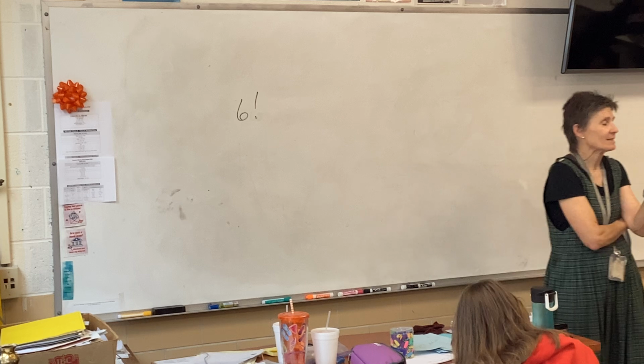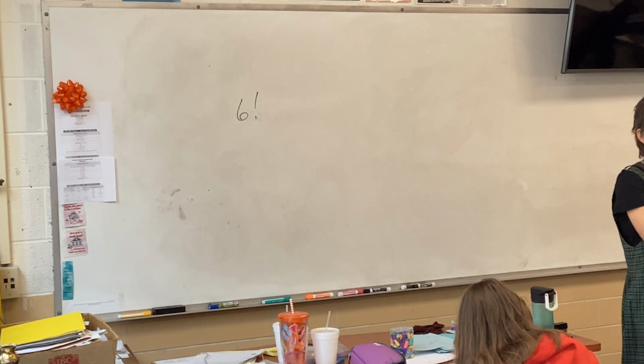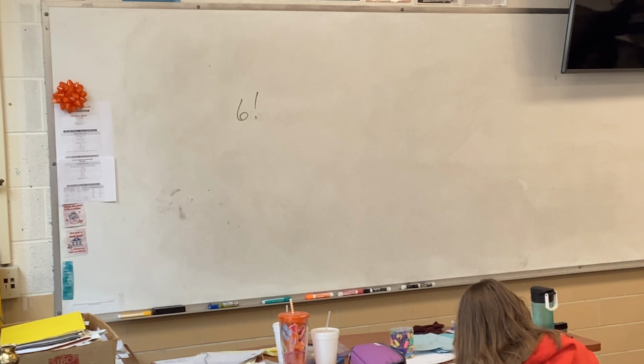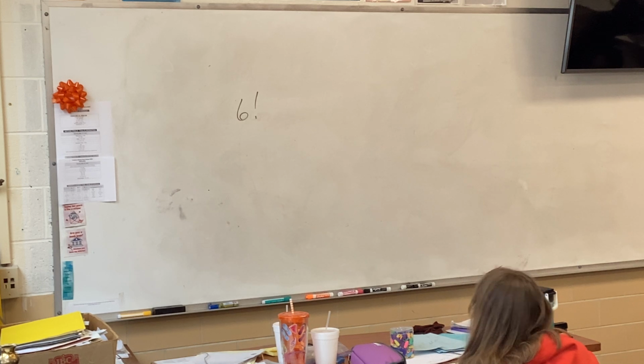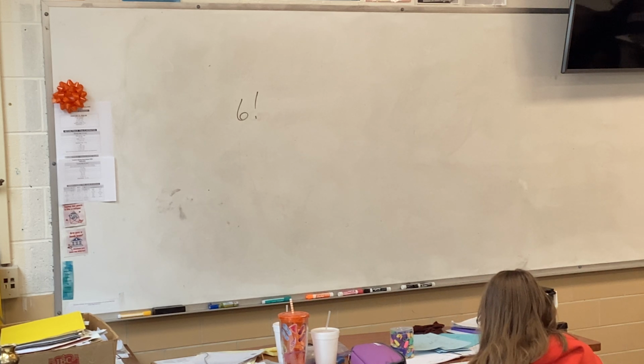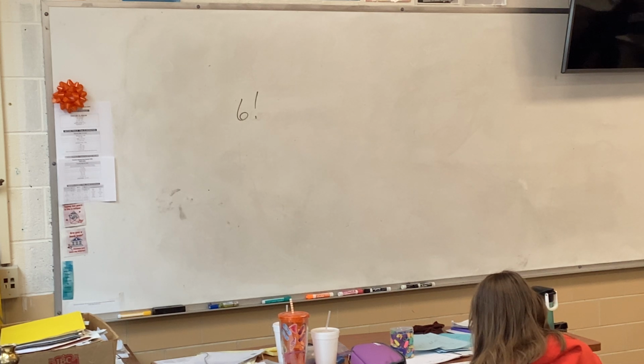So those 6 are not people, but 6 bundles tied together, groups, can be arranged 6 factorial ways. But remember when I tied a string around Sam and I? It could be like this that I tied it around, or it could be like me over here and tied it around.